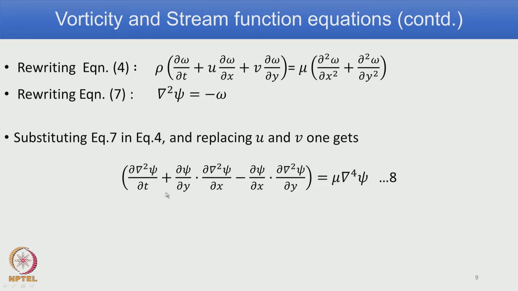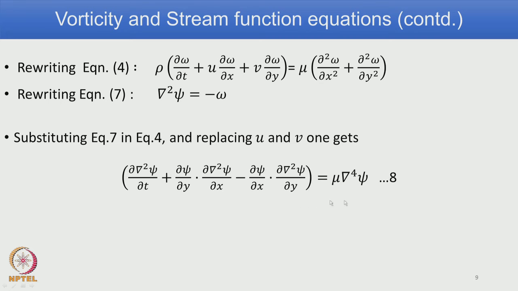We get an equation like this: dou by dou t, and then omega is replaced with del squared psi. Similarly, u is replaced with dou psi by dou y, and so on. Now, the common minus sign is cancelled from the entire equation, so finally you get an equation like this.